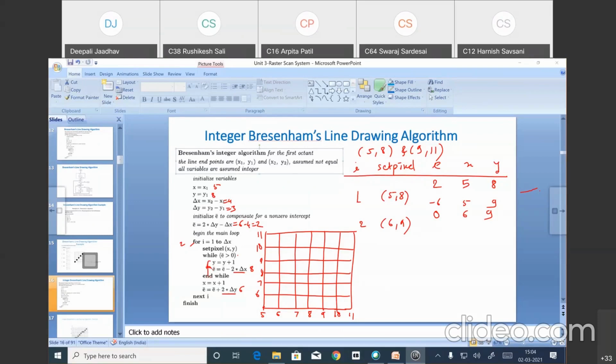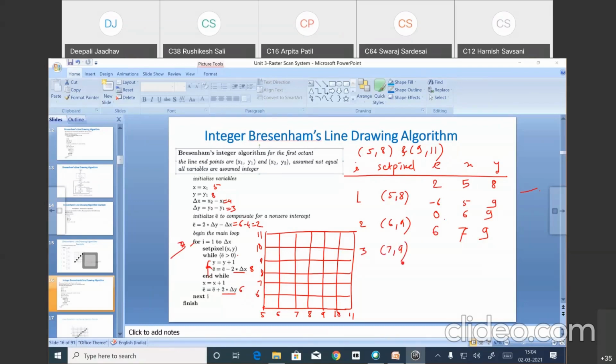So x is 7, y remains 9 as it is, and e is equal to e plus 2 delta y. What is e? 0, 0 plus 6 is 6. Now I increase i by 1, it becomes 3. Set pixel x comma y, 7 comma 9.